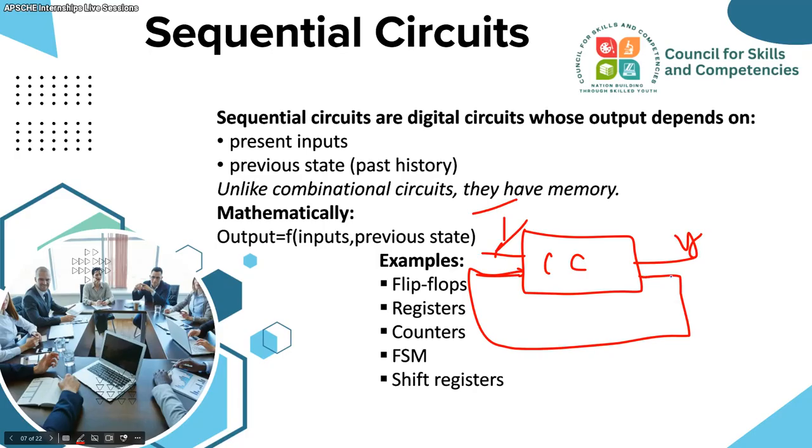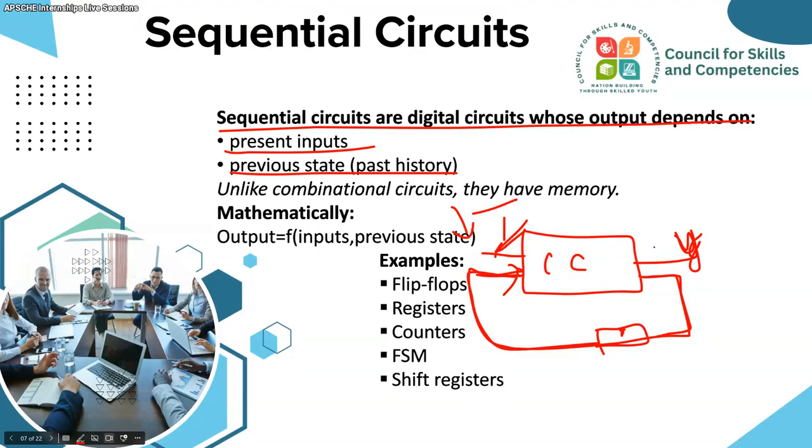I will store the output, and give that output as feedback, and for the next input, this circuit will work depending upon the feedback and the input, and the output changes. So that is what sequential circuits are: digital circuits whose outputs depend on the present input and the previous state, that is the past history.